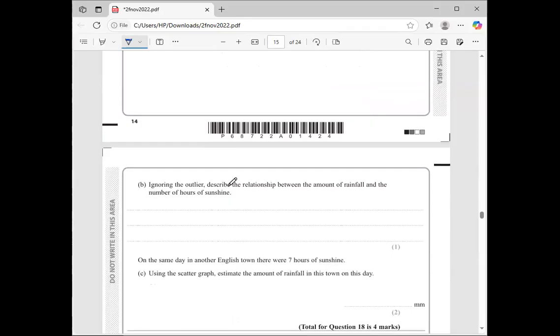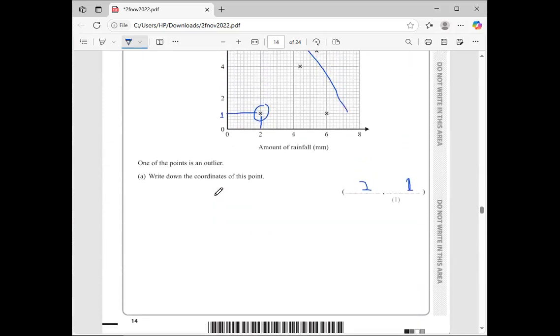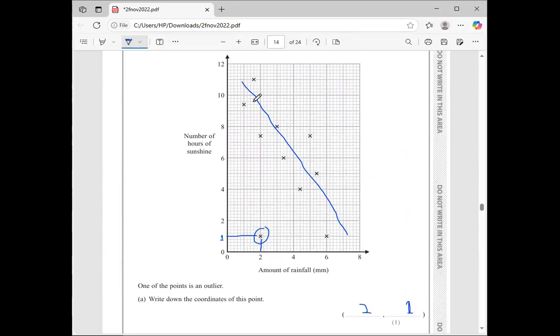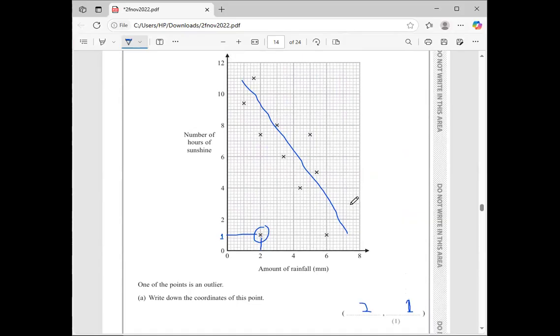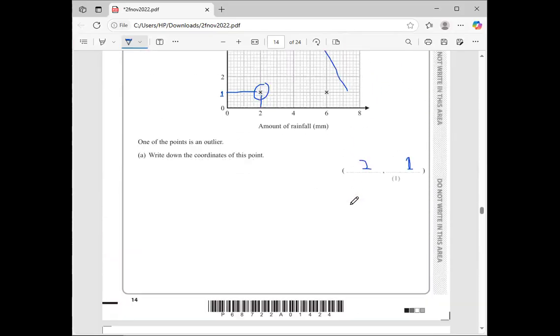It says ignoring the outlier, describe the relationship between the amount of rainfall and the number of hours of sunshine. Well, I'm sure you can guess by now. With this line I just drew for you, can you guess? What kind of relationship is it?